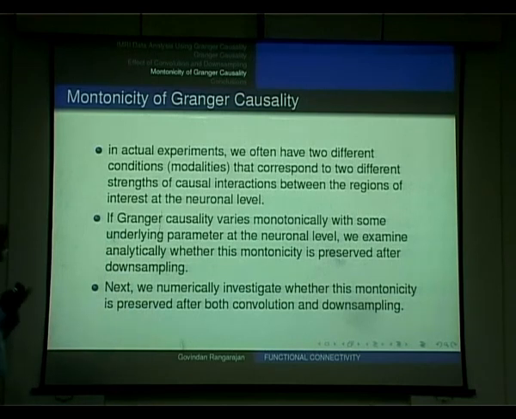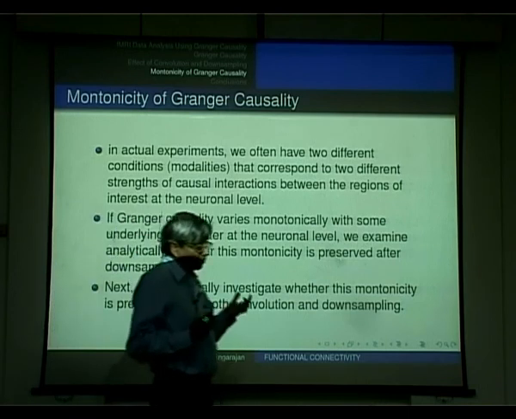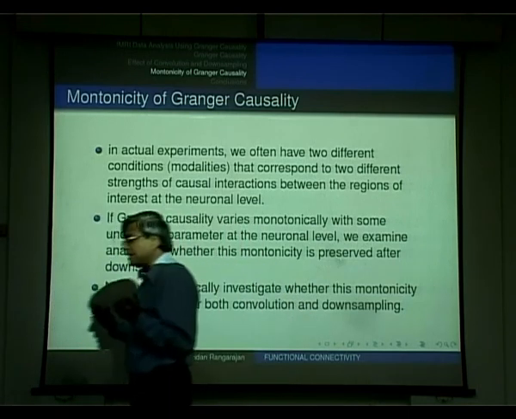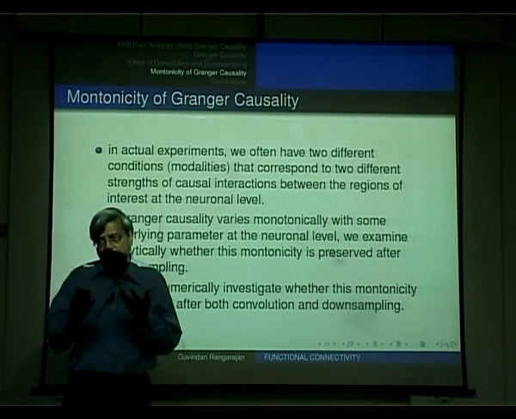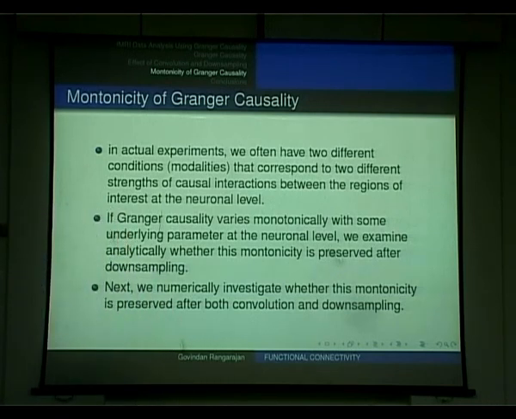granger causality at the neuronal level and the board level, because often what we are interested in is the changes in the connectivity pattern, the changes in causal relation between 2 experimental conditions. So you are trying to distinguish whether there are changes which are happening because of 2 experimental conditions.